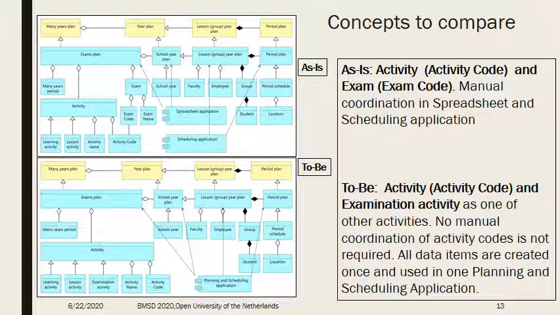The concepts to compare are found inside the system model, but at different time points, as is and to be. As is model shows only the reason of inconsistency. Comparison of concepts activity and exam in as is and activity and examination activity in to be allows to make a decision about worthwhileness of implementation of the to-be system.